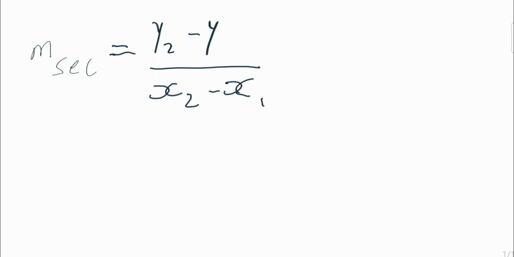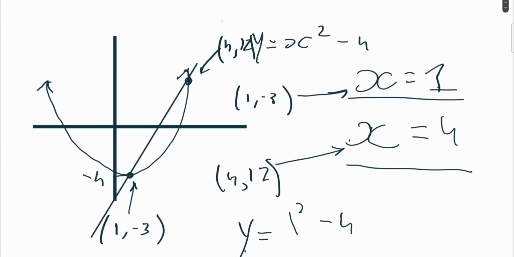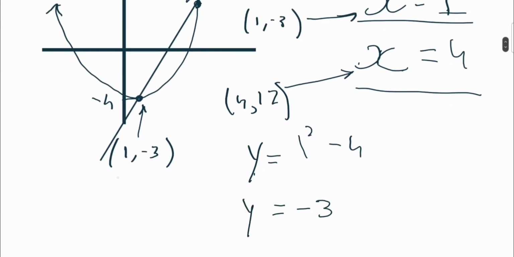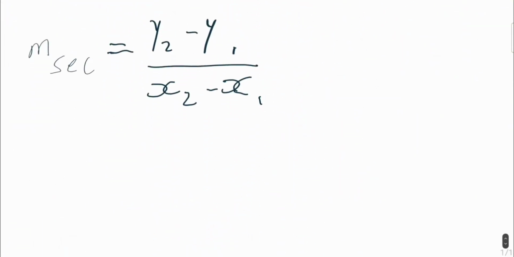Let me just erase that. That looks a bit like an 8. Great. So this larger value here is going to be x2, and this is going to be y2. So that means that this is x1 and this is y1. Great. So if we plug those values in, we get this.